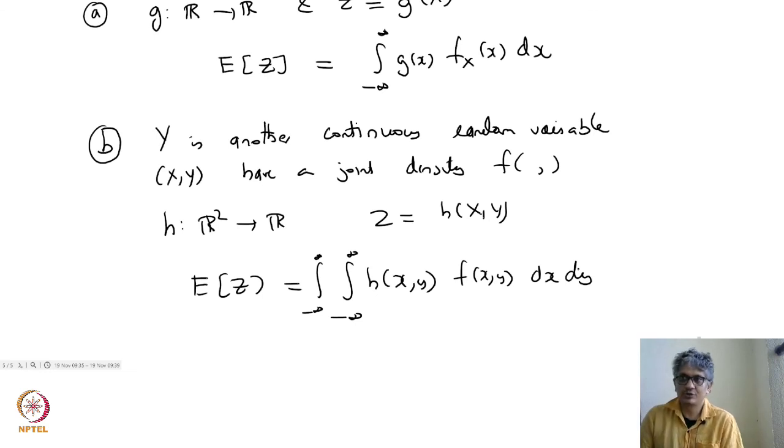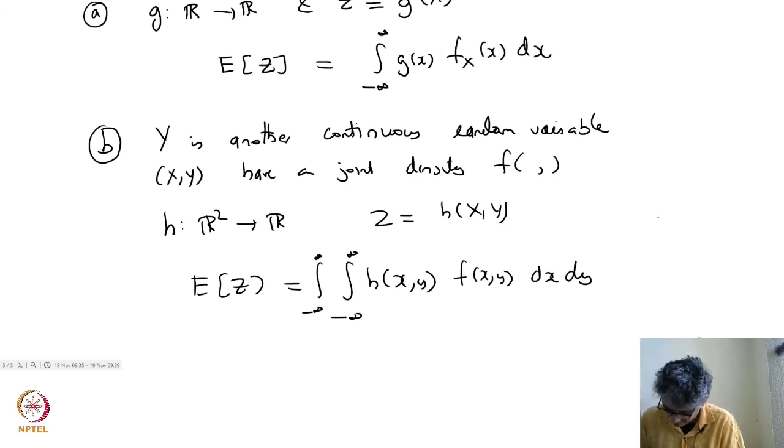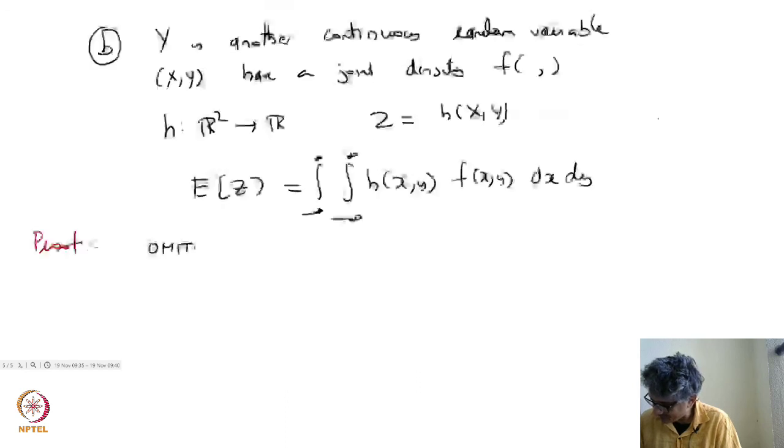So there are two important identities. Let me comment on two things. The proof of this is an analysis exercise, and I'll omit the proof for this course.